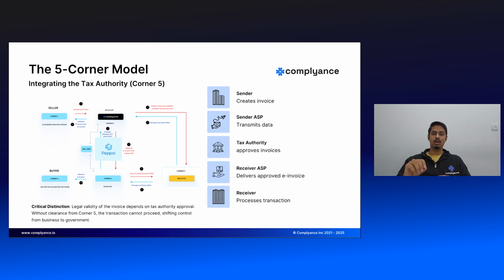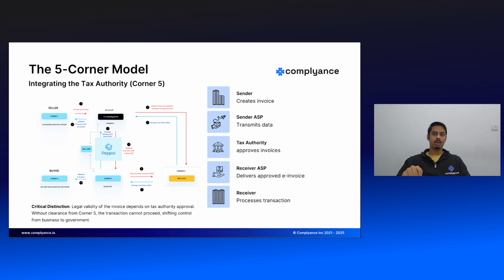And here the process is also very simple. It's similar to four corner, but with an extra layer. That is, the sender generates the invoice data and sends it to the sender's access point or service provider. This service provider converts this data into standard e-invoicing formats and sends it to the government or local authority. This local authority hears the data, validates and approves it, and sends it back to the sender's access point.